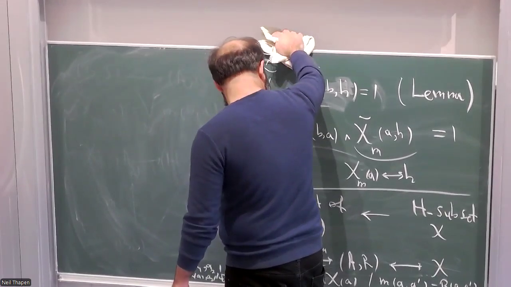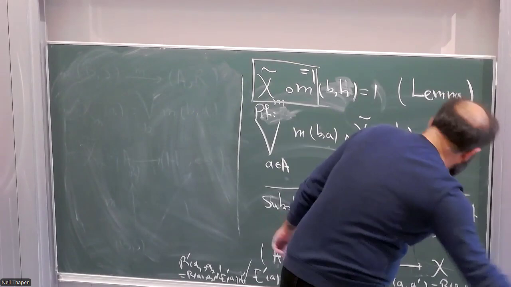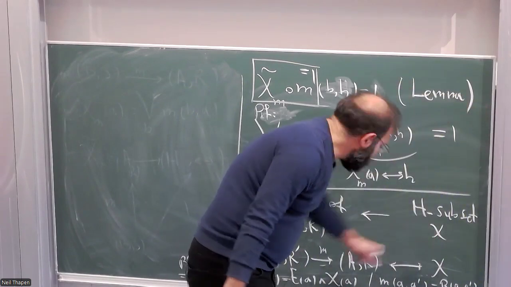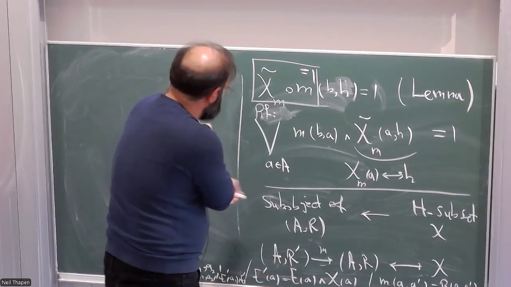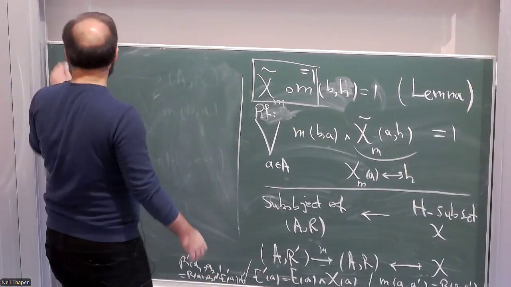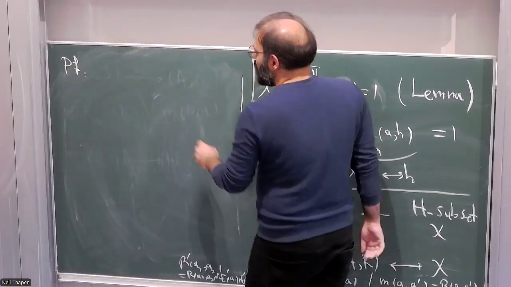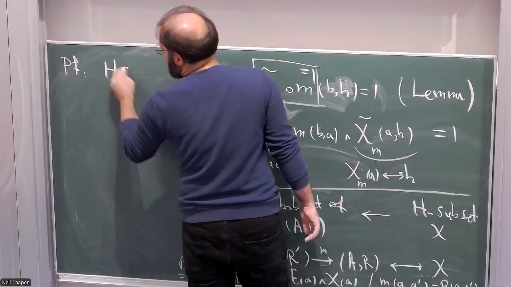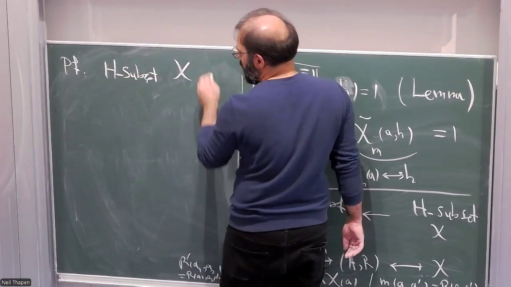So I'm defining this guy, right? I'm going from some subset chi to some subobject. So, proof, or if you like, construction. You start with H subset chi, right?